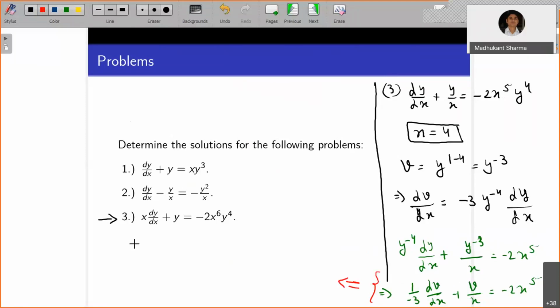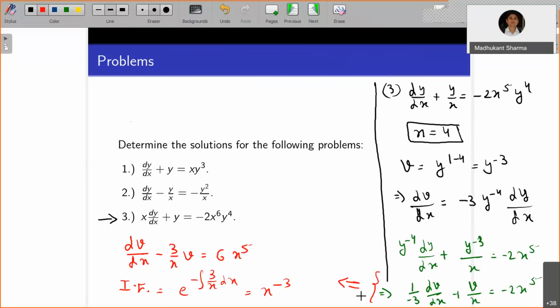So what you get is dv by dx minus 3 by x times v equals 6x to the power 5, since minus minus will be plus here. And the integrating factor is e to the power integration of minus 3 by x dx, which is nothing but x to the power minus 3.